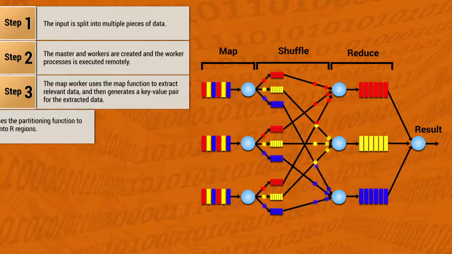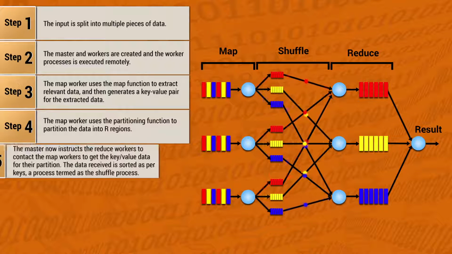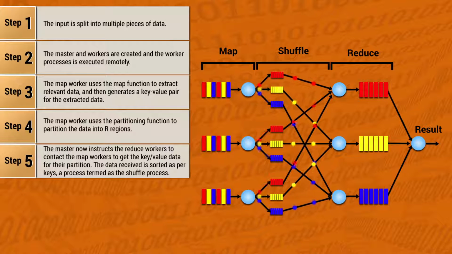When that is done, the map worker uses the partitioning function to partition the data into R regions. The master now instructs the reduce workers to contact the map workers to get the key value data for their partition. The data received is sorted as per keys, a process termed as the shuffle process.